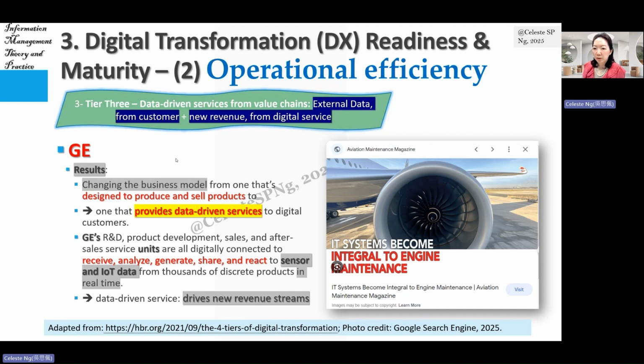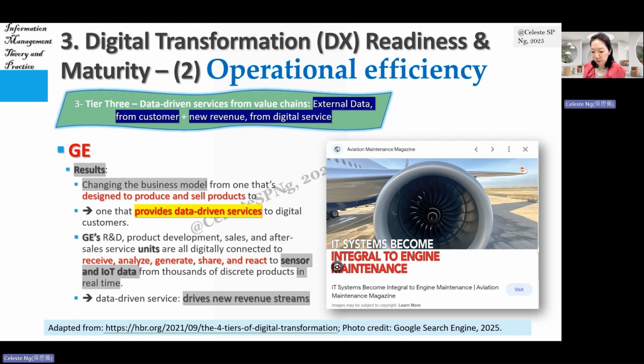All right. So what is happening is that GE has changed its business model from the one that is designed to produce and sell products to the one that is able to provide data-driven service that is making a recommendation for the optimal route, the flight route, okay, in order to minimize fuel consumption.